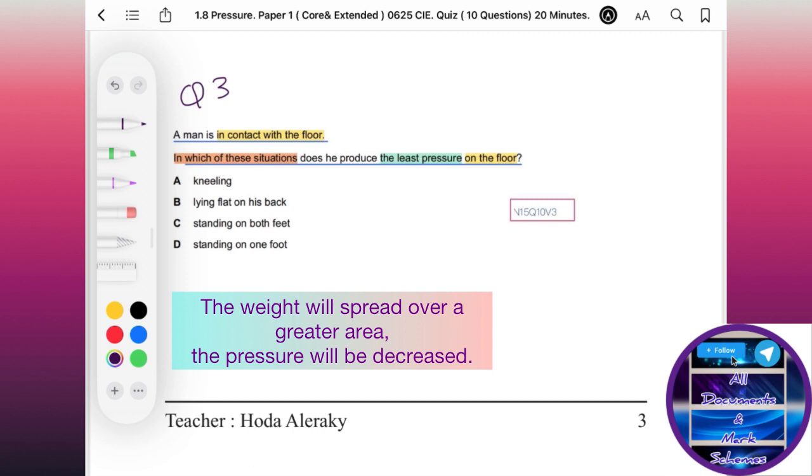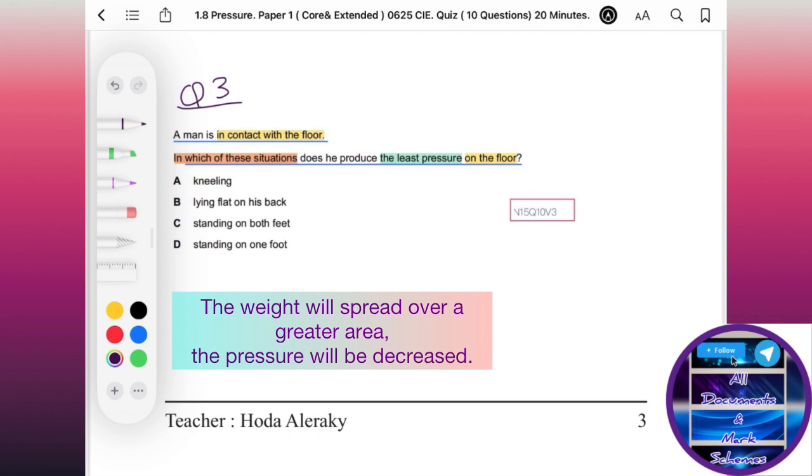Question 3. A man is in contact with the floor. In which of these situations does he produce least pressure on the floor? Kneeling, lying flat on his back, standing on both feet, standing on one foot.